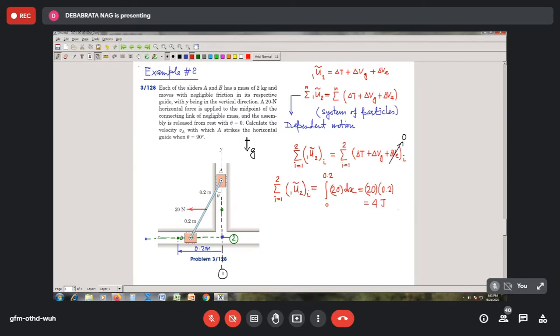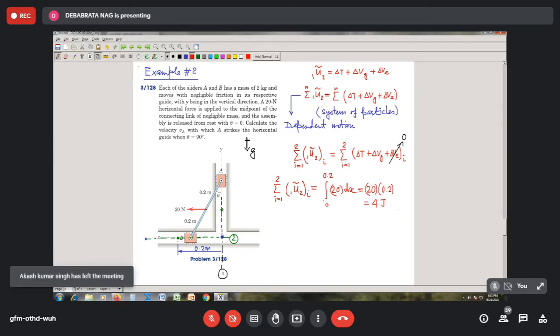That is the work done by the non-gravity, non-spring active force in the system. All other forces, such as the normal reactions between these guides, are reactive forces. So in the active force diagram, we have just this one non-gravity, non-spring active force.